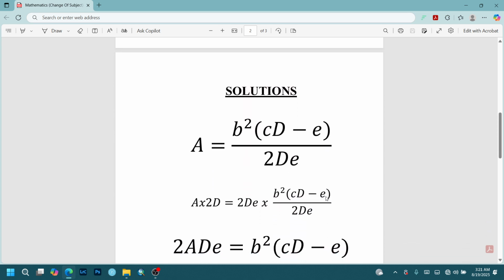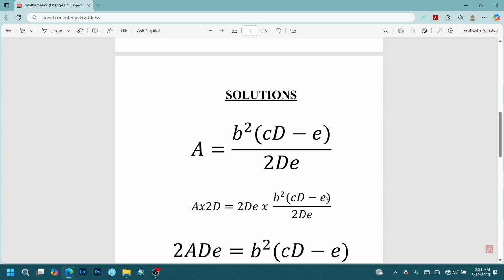So, based upon the preamble of our question, we are asked to make D the subject of the relation in the equation A equals the fraction B squared multiplying (CD minus E) over 2DE, right?